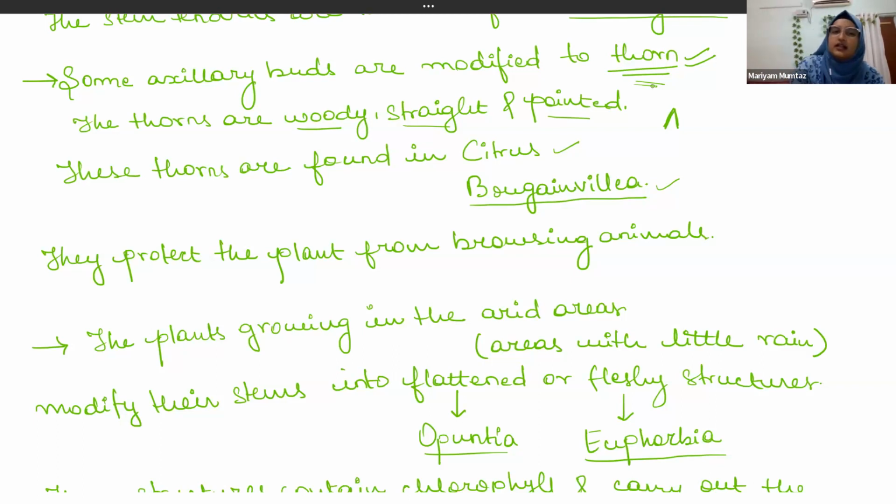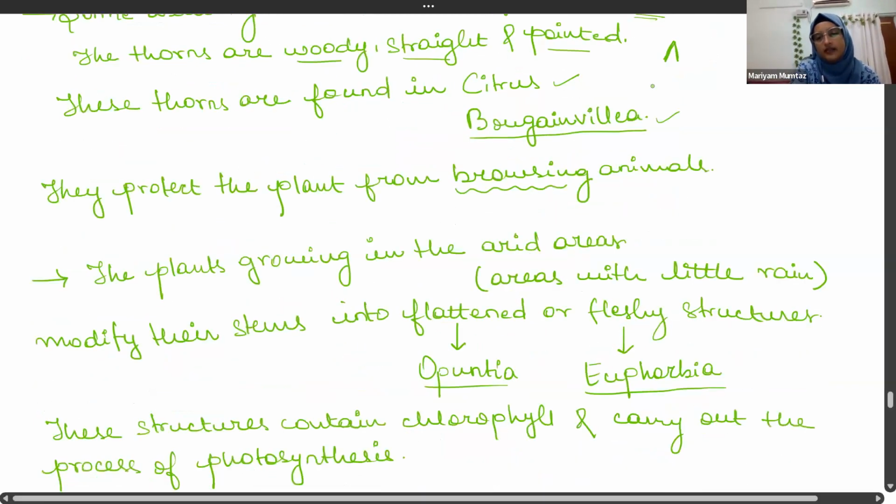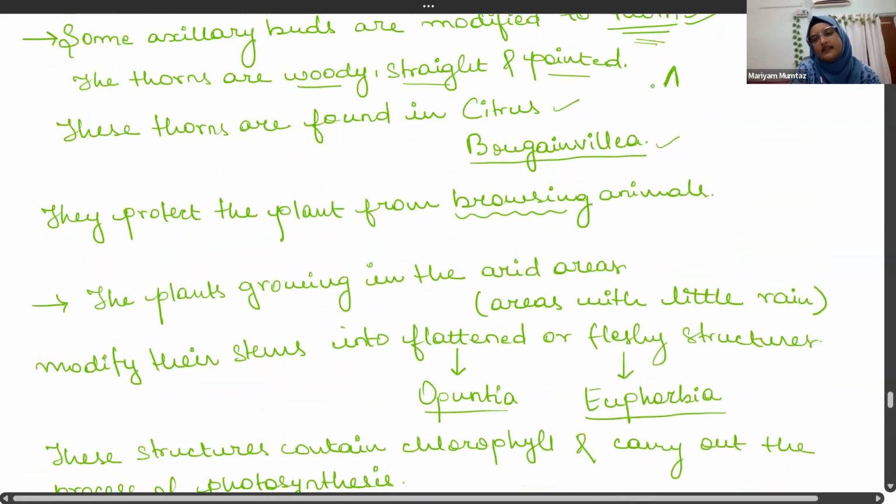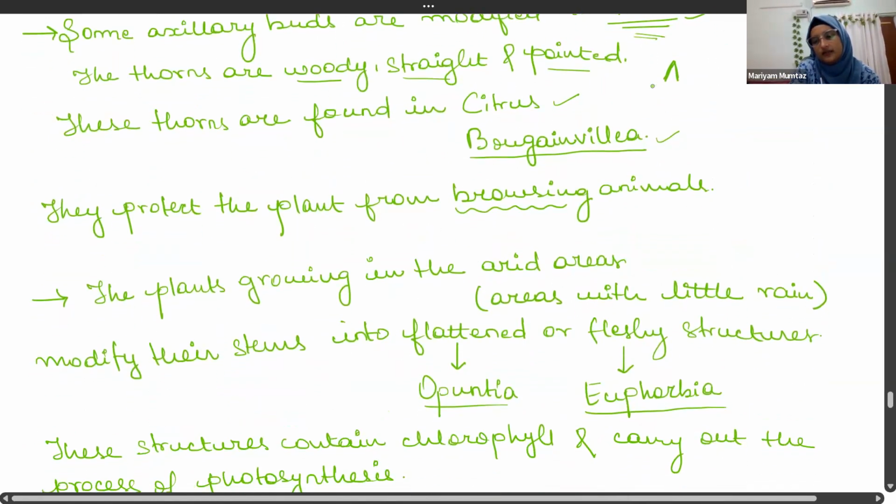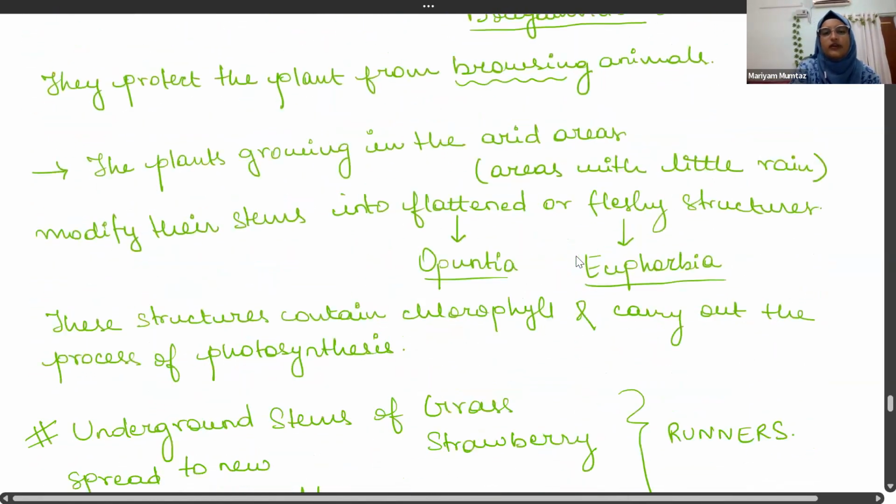Thorn is a modification of the stem, particularly the axillary bud, done so as to protect itself from browsing animals. Browsing animals means the animals that come into the field to eat plants, since they are herbivores. Okay, is it clear? Yes. All right.